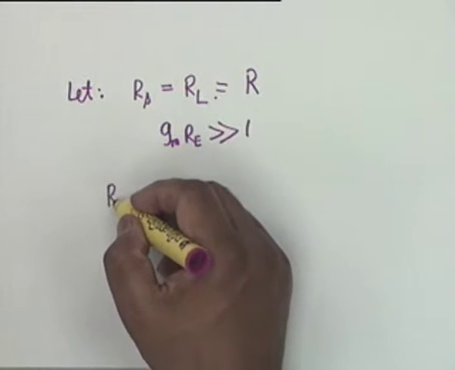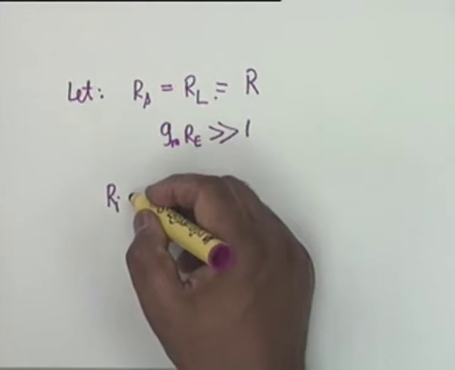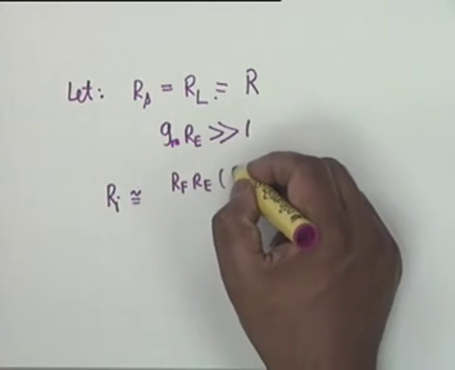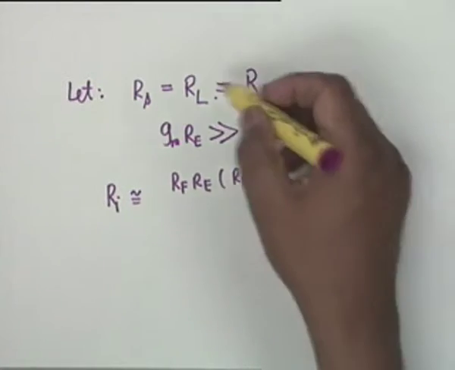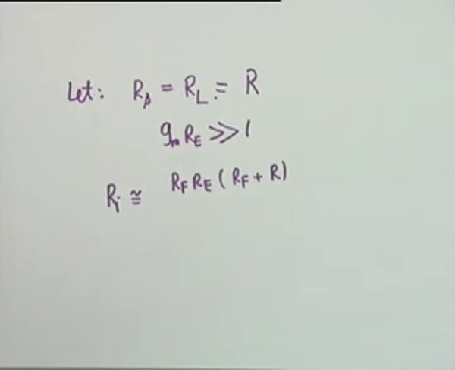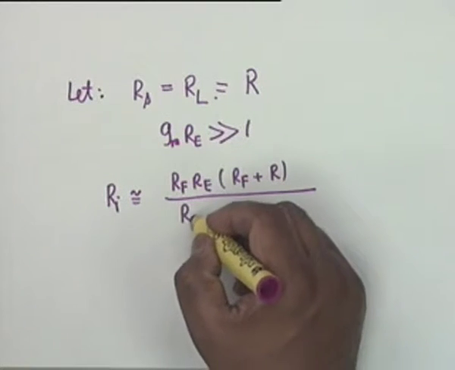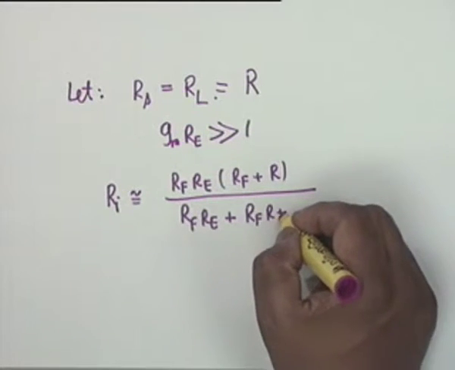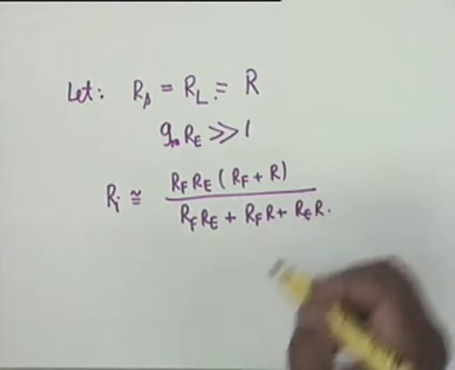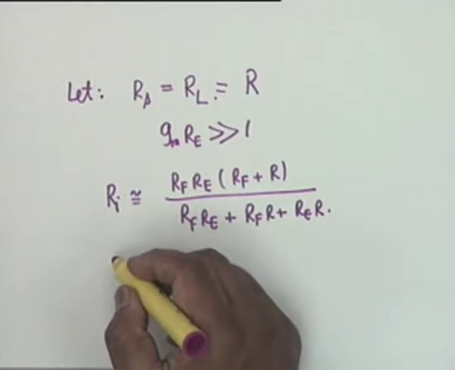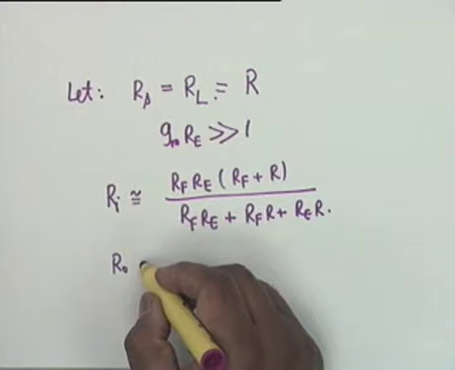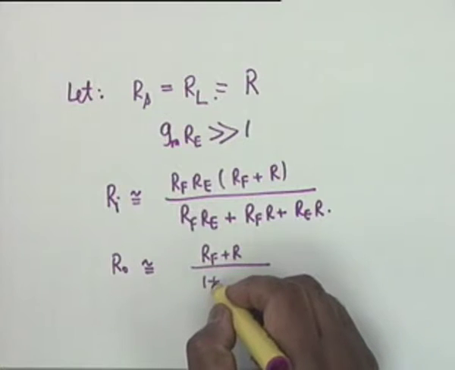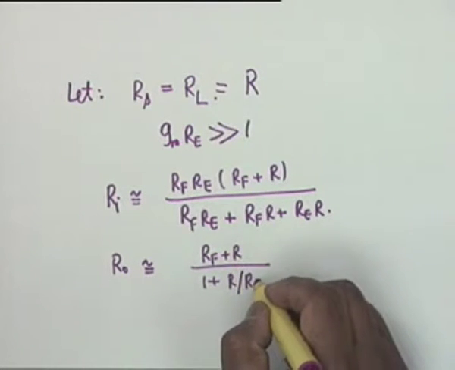Under this condition, the mid-band input impedance Ri is approximately given by RF RE (RF plus R) divided by RF RE plus RF R plus RE R, where R is Rs and RL, both equal. And the output resistance R0 is equal to (RF plus R) divided by (1 plus R by RE).